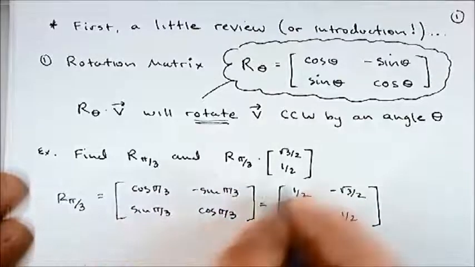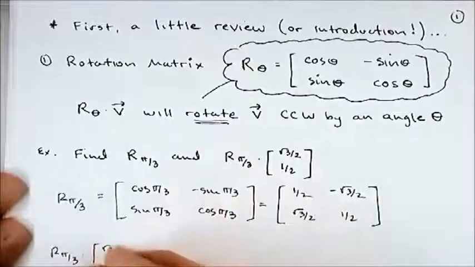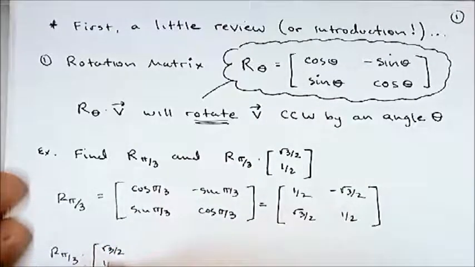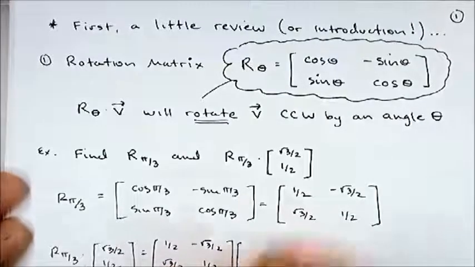If I take this matrix and multiply it by this vector right here, so I'm going to do R of pi over 3 times this vector root 3 over 2, 1/2. So that's 1/2, negative root 3 over 2, root 3 over 2, 1/2 times this vector root 3 over 2, 1/2.